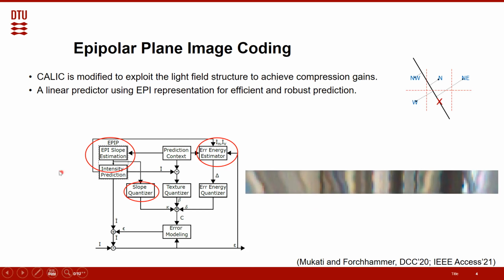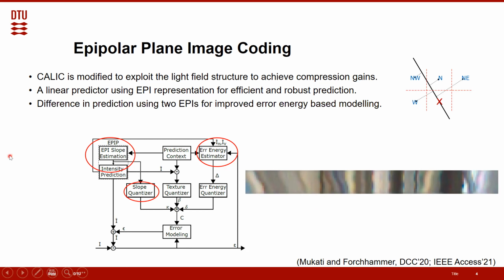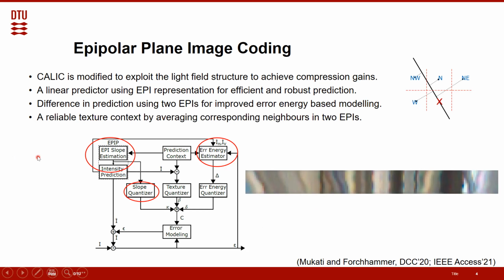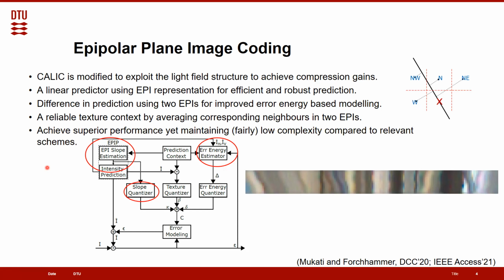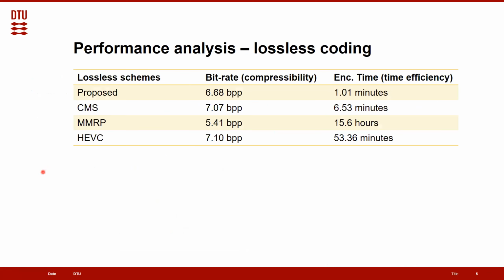And then we modified Calic by including these EPIs in a number of places, such as the linear predictor, capturing the lines. We have both the horizontal and vertical EPIs. We combine the two for improved energy-based modeling, and also for better texture context. All in all, we could improve performance with fairly low complexity compared to a number of the other schemes we see for light field images.